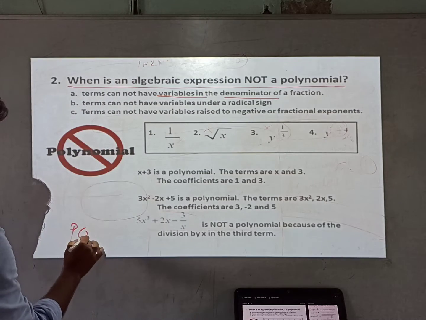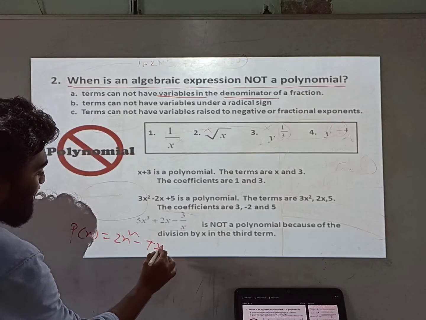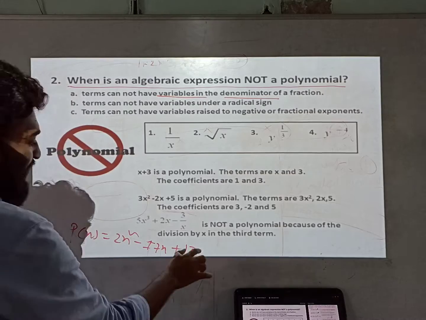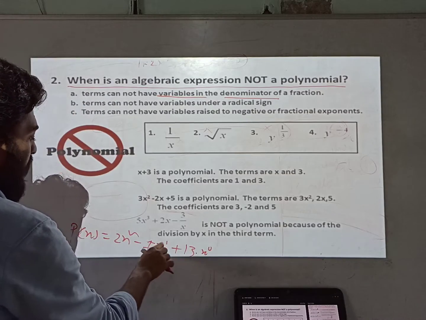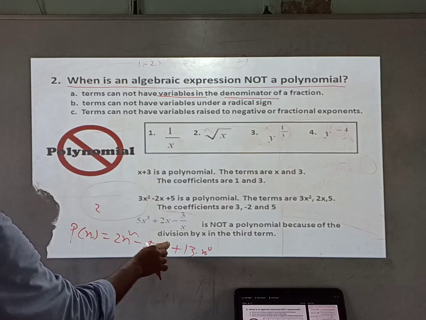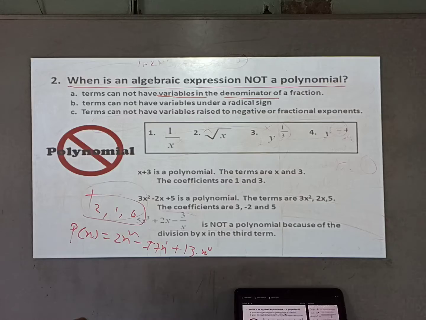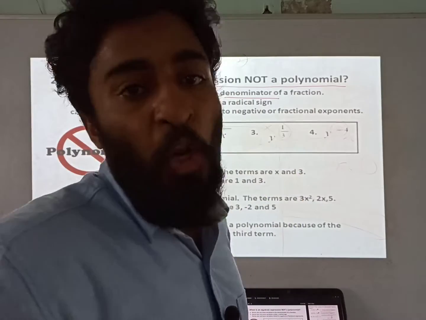So let us consider a polynomial f(x) equals 2x square minus 17x plus 13. यहाँ पे देखो 13 means x to the power 0, तो यहाँ पे x to the power 1, 0 1 2, ओके. तो यहाँ पे 2 है, यहाँ पे 1 है और यहाँ पे 0 है. All are whole numbers. So that is the condition for any algebraic expression to become a polynomial.